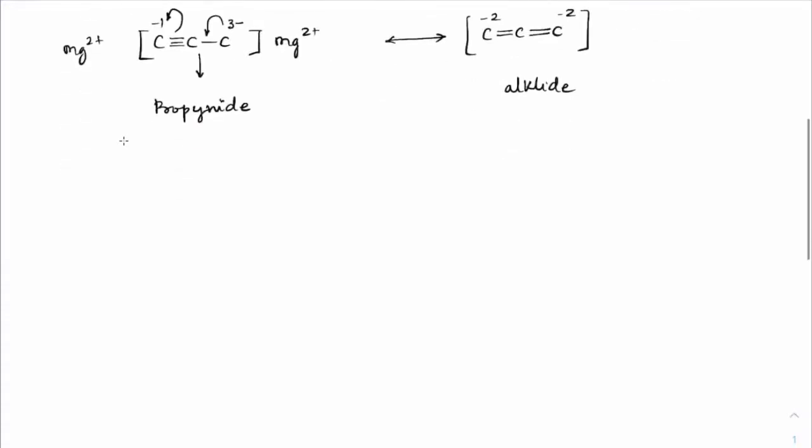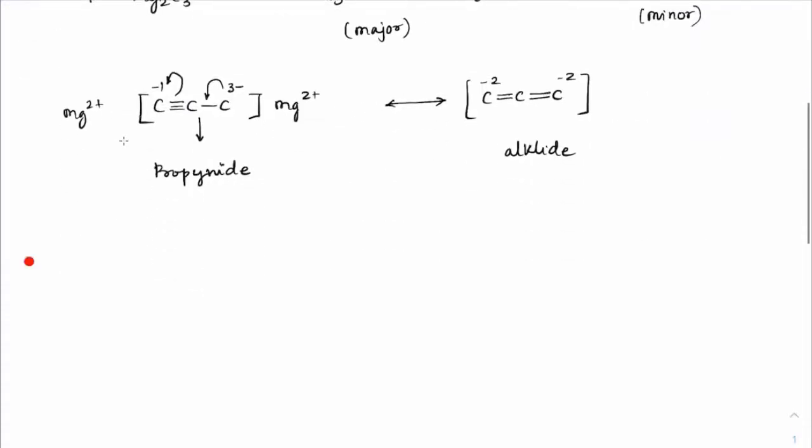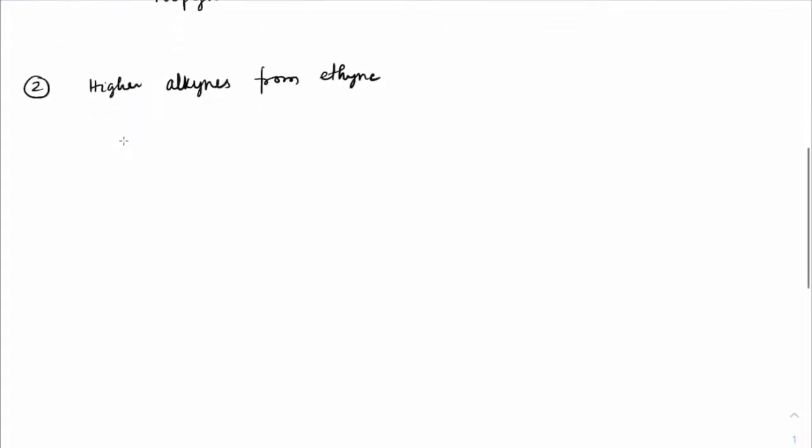Next, the second method by which we can get alkynes is from higher alkynes, preparation from ethyne. So if you take simple ethyne, how do we get to the higher alkynes? For instance, if you have CH triple bond CH and treat that with NaNH2.